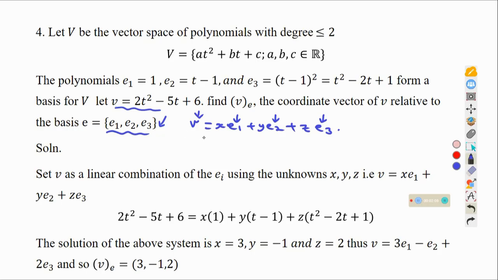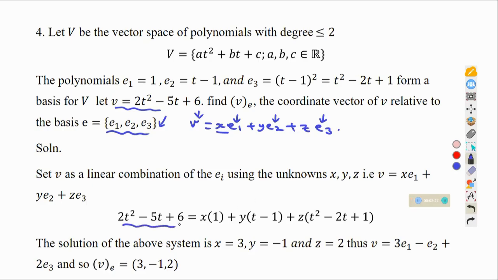Then after substituting, get the corresponding components for t squared, t, and the constant term on both sides. So after you have equated, you will be in position to get your x, y, and z.